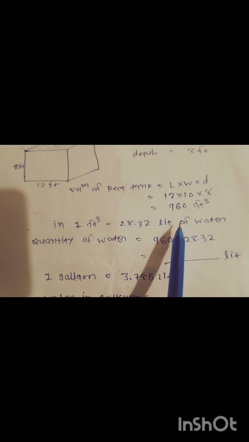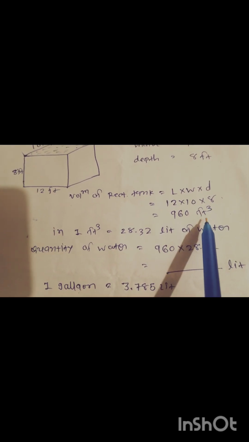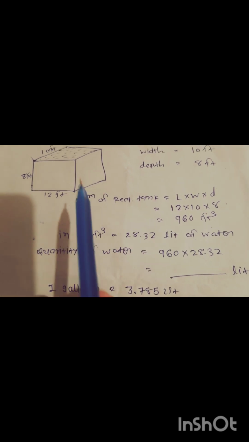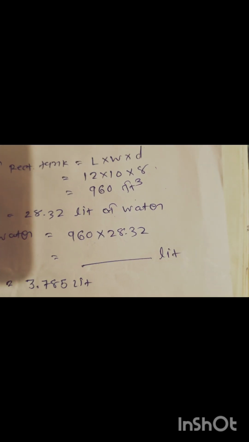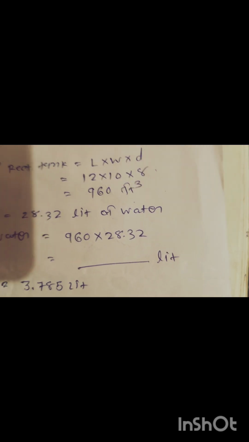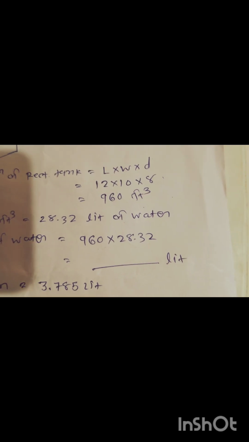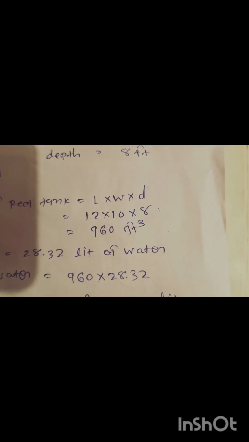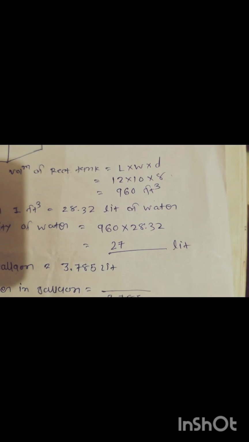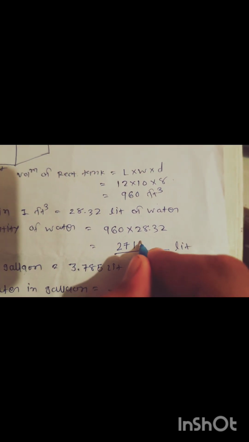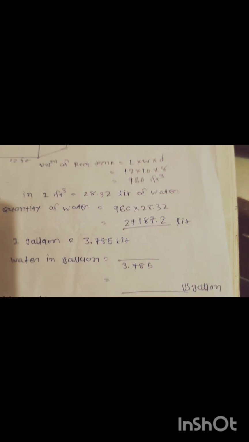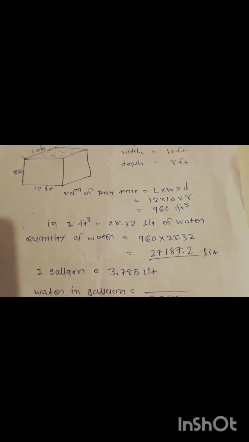So for 960 feet cube, the quantity of water stored in the rectangular tank is 960 into 28.32 liter, that is 27,187.2 liter of water stored in that rectangular tank.